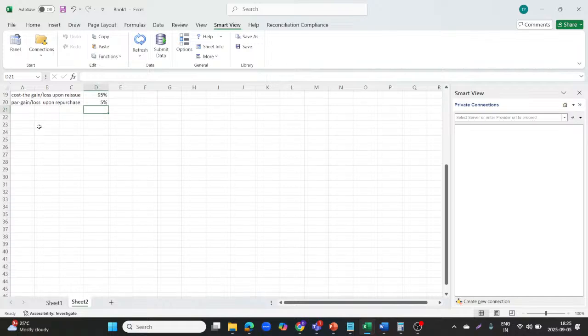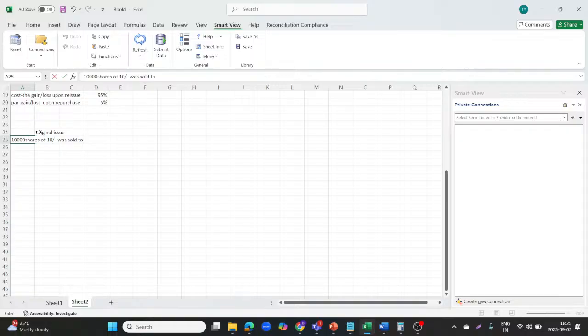Now, according to the cost method, that is on the reissue basis, suppose as per the original issue, 10,000 shares of common stock at 10 rupees par value were sold for 25 per share.